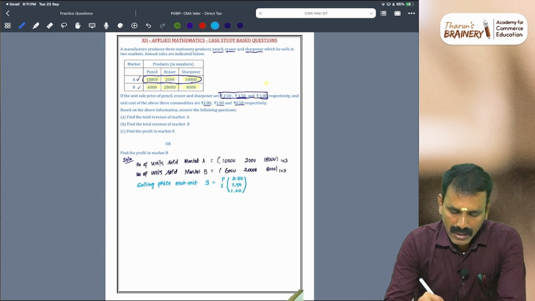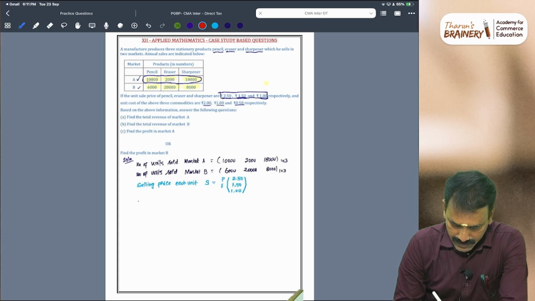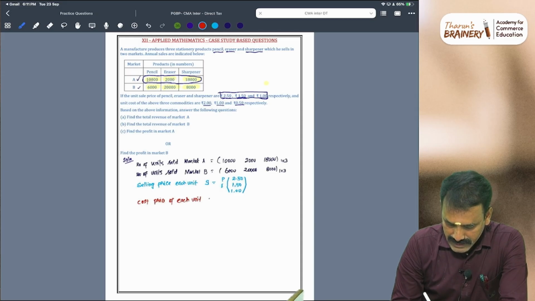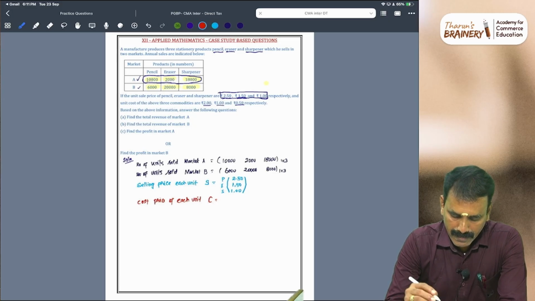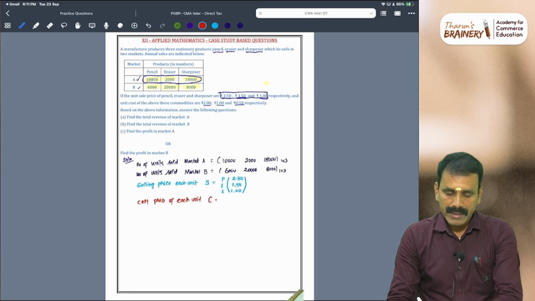And I am going to write the cost price of each unit. I write this as matrix C, and this is also going to be a column matrix.